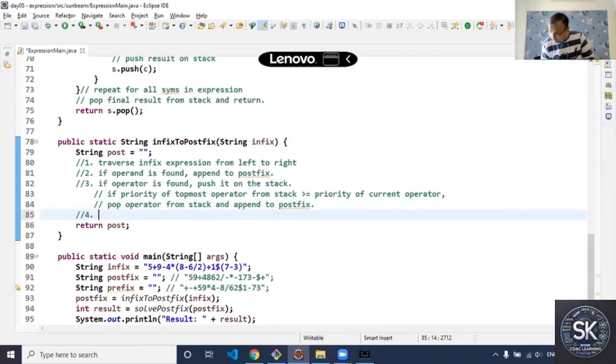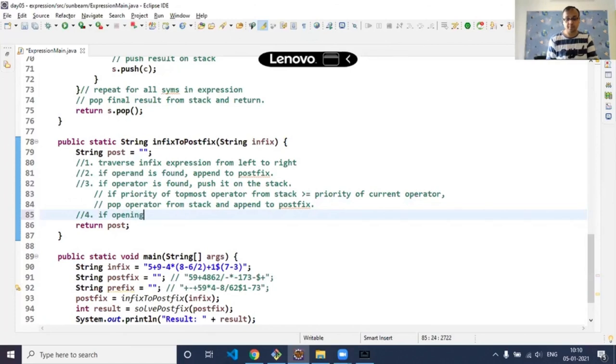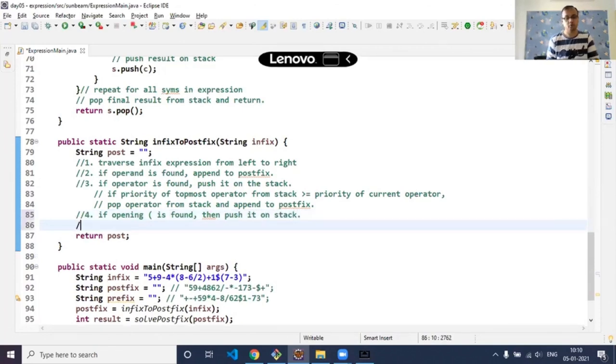Point number 4, what is saying that if opening parenthesis is found, then push it on stack without thinking of anything, push it onto the stack. 5th, if closing parenthesis is found, what is to be done?